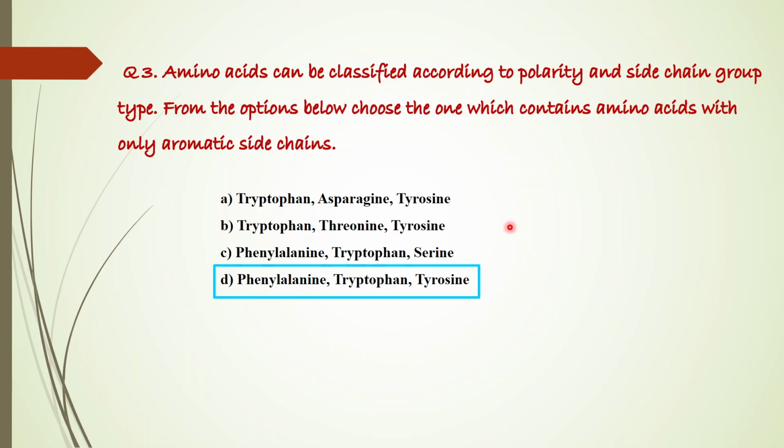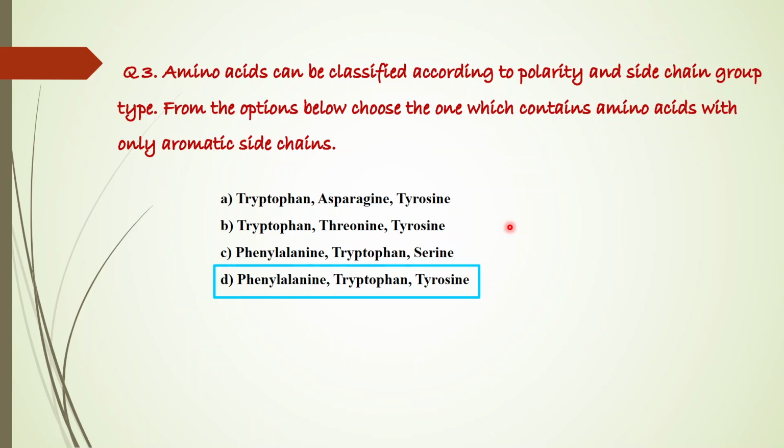Why they are very important is that, I think, Professor Dasgupta has already discussed in her lecture, these aromatic amino acids are fluorescent. That is the huge importance of them. That's why we classify them differently, because we can identify them from fluorescence.